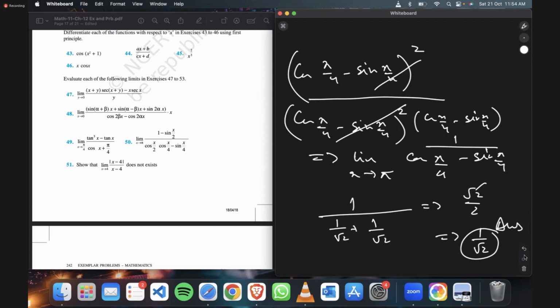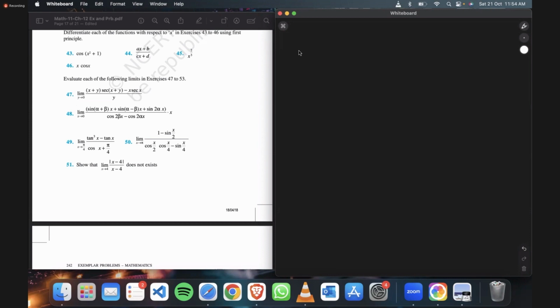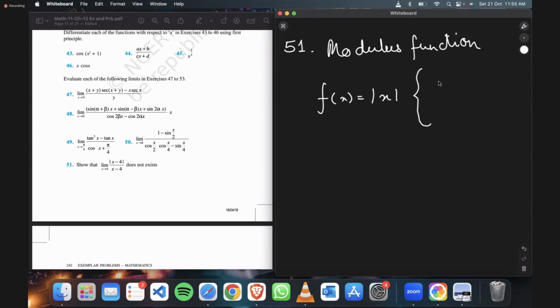So let's move on. Next up, we have question number 51. In 51, we have a modulus function. If f(x) is equal to the mod of some value x, then this function returns a value of minus x for negative x, and x for positive x. Alright, this is a modulus function. So the function that has been given to me here is mod of x minus 4.